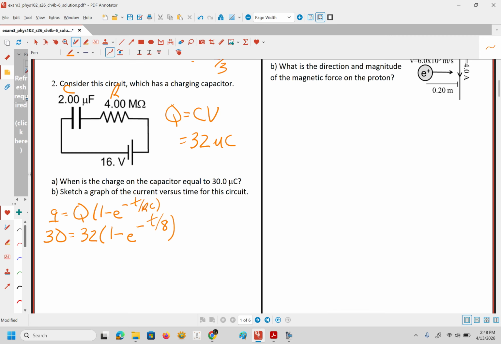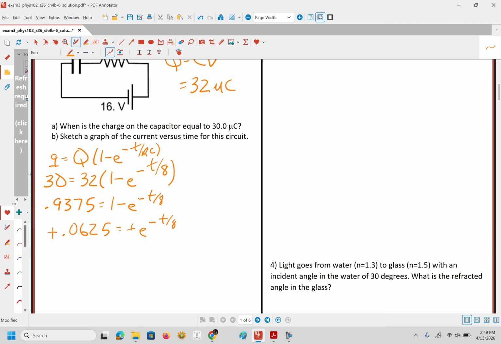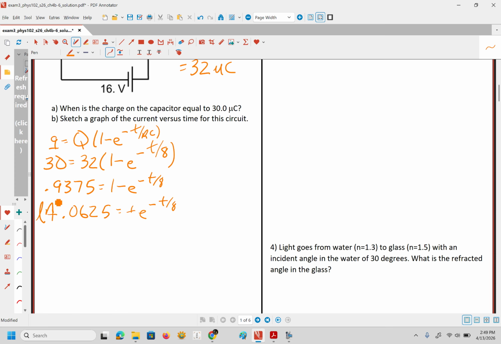Let's see, 30 divided by 32 is 0.9375. Subtract 1 from both sides. That's minus 0.0625 is equal to negative e to the minus t over 8. Those negatives go away. And then I can take the natural log of both sides, and that gets rid of the exponential.